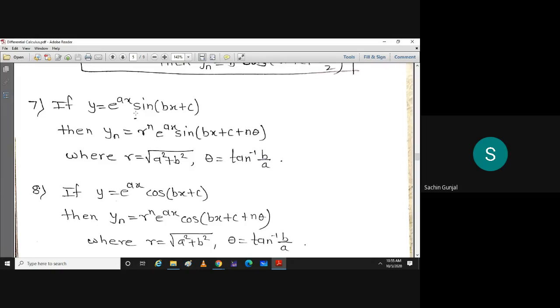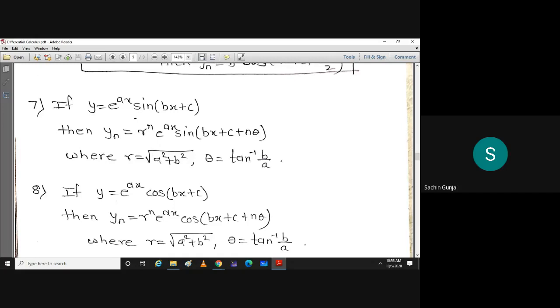So we have not considered the proof of how we are getting this nth derivative as r raised to n e raised to x sine of (bx plus c plus n theta). But the proof is easy, though it will take time. That's why we avoided that proof.